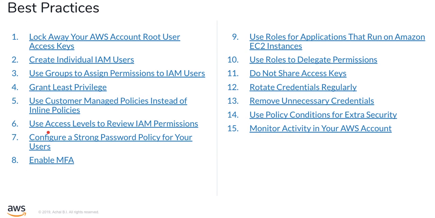Use access levels to review IAM permissions. Configure a strong password policy, which you could do. Enable MFA, multi-factor authentication. You could use roles for applications that run on EC2 instances, which we just discussed.